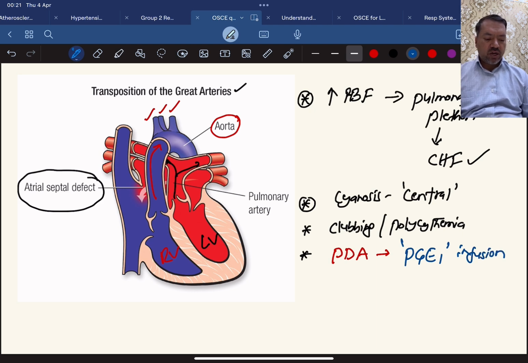So this prostaglandin will keep this PDA open. So this is a very important question. Don't close this PDA, or don't allow this PDA to close. If the PDA is closed, this baby may collapse and die. So the PDA must be maintained. This is called ductal dependent lesion, or ductal dependent circulation.